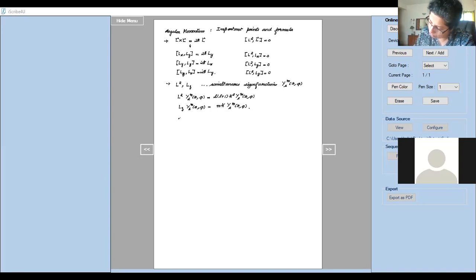Remember that l² should be greater than or equal to m². Okay, and this is simply to do with the fact that the Z component itself cannot be greater in length than the length of the vector.